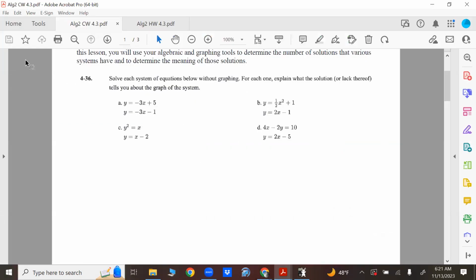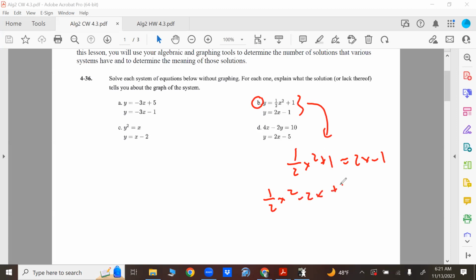Now, we'll continue the same substitution process for the other problems. For example, part B, y is already isolated, so naturally you want to just set them equal to each other: half x squared plus 1 equals 2x minus 1. Move all terms to one side, which might make things easier. I moved everything from the right to the left by subtracting 2x and adding 1.